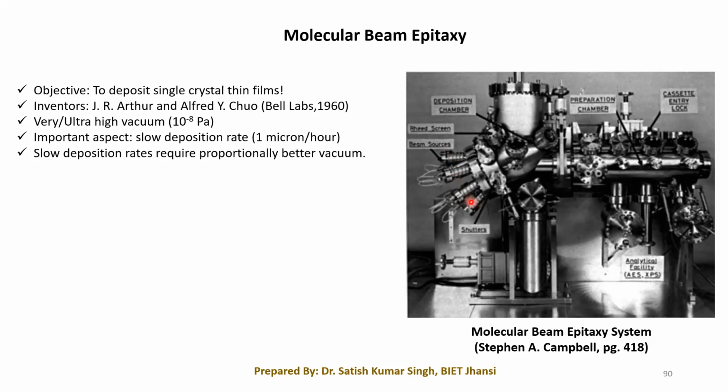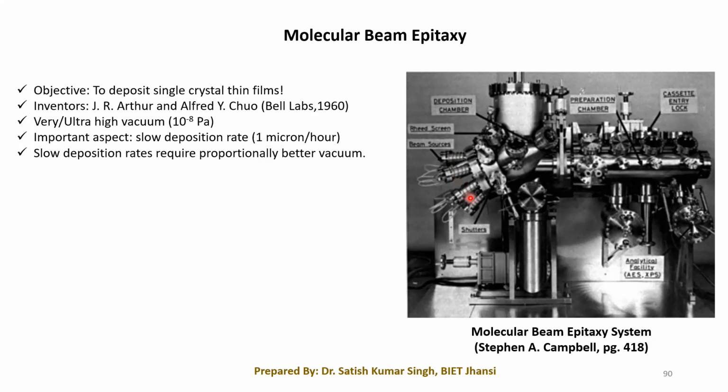Within these effusion cells we have to put our dopants. Various types of dopants can be kept within these effusion cells, and also we can have a chamber within which we can keep our material whose monocrystalline layer we want to grow. So these are the different chambers.